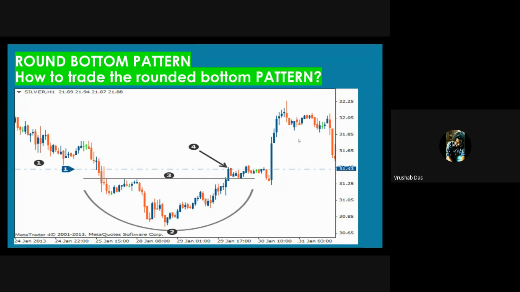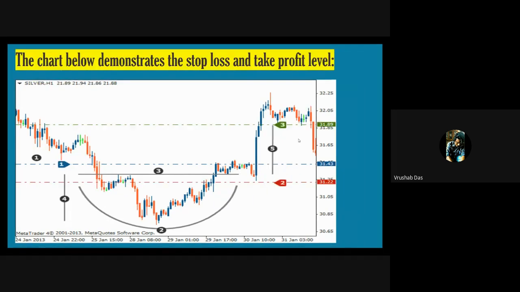The profit target is measured by taking the height of the actual pattern and then extending that distance upward from the neckline. The chart shows the stop loss and the profit level, the downtrend, and after that the neckline and the height of the pattern. You can see what the height is.